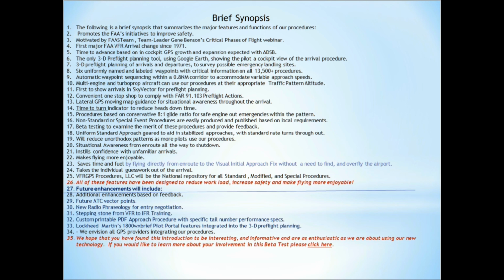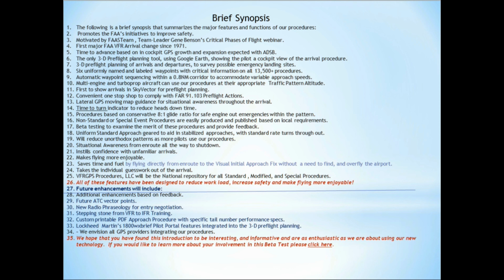Situational awareness from en route all the way to shutdown. Instills confidence with unfamiliar arrivals. Makes flying more enjoyable. Saves time and fuel by flying directly from en route to the visual initial approach fix without a need to find and overfly the airport.